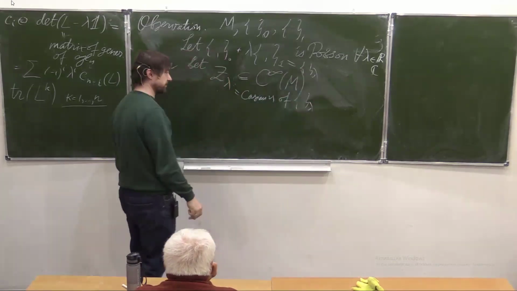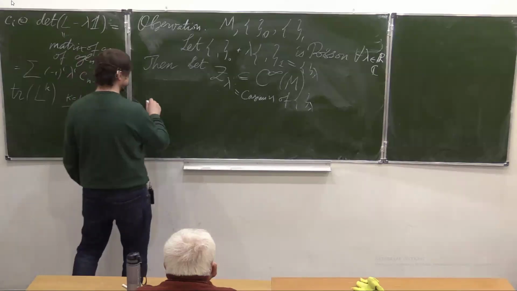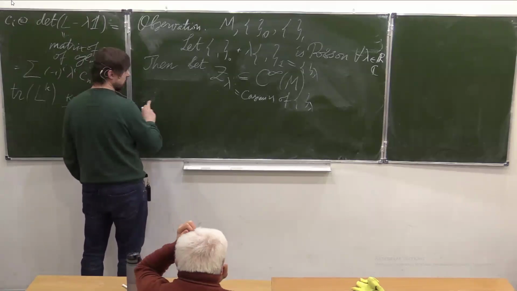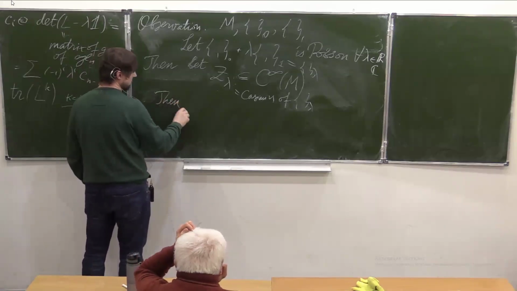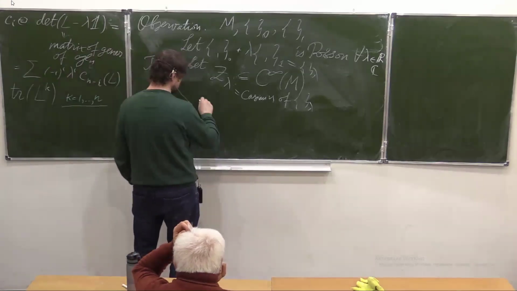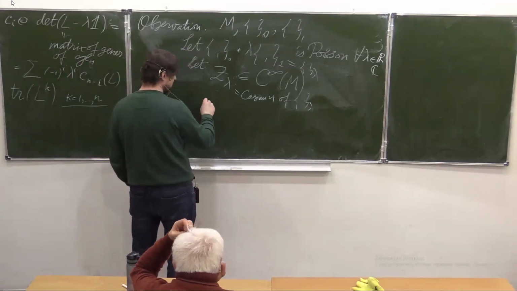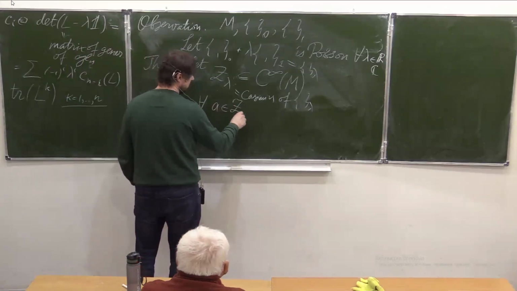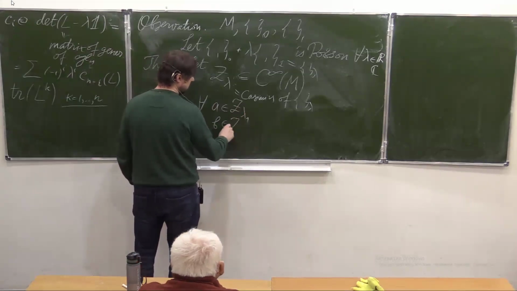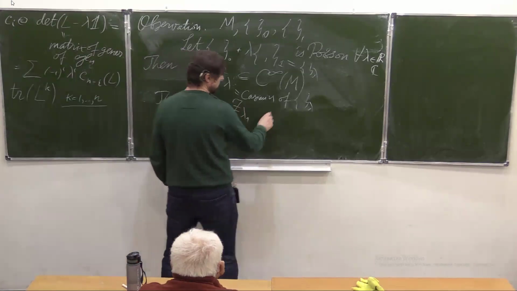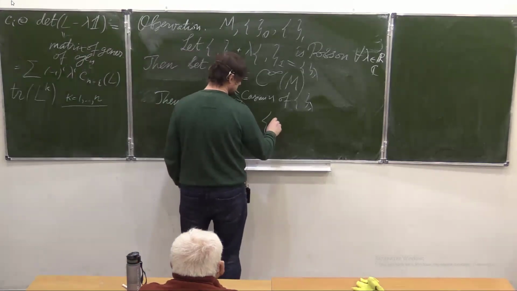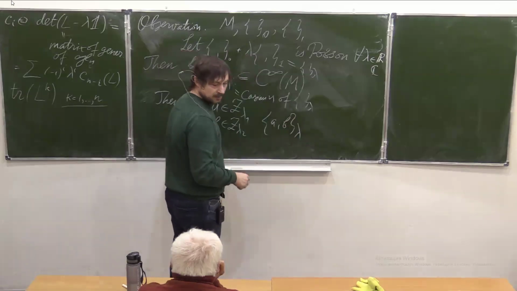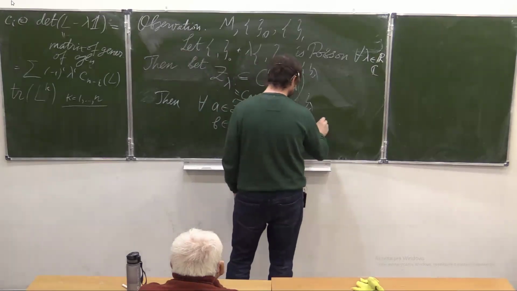Then for every two elements, A in Z_lambda1 and B in Z_lambda2, the Poisson bracket with respect to any element in this pencil of Poisson structures vanishes identically.